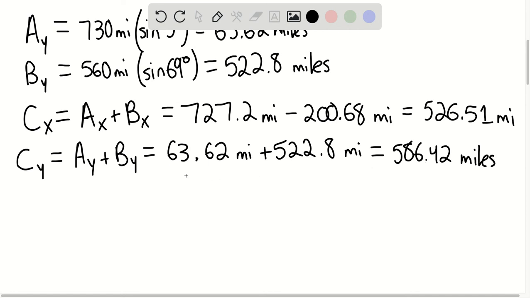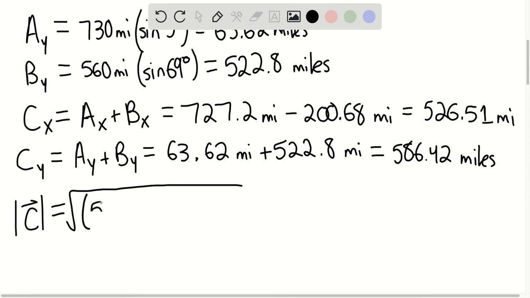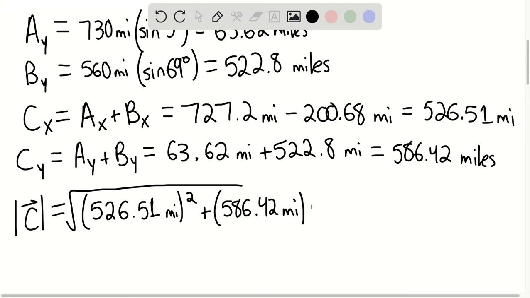So to find the net displacement, the magnitude of the vector, the true distance from Dallas to Chicago, would be the square root of 526.51 miles quantity squared plus 586.42 miles quantity squared.